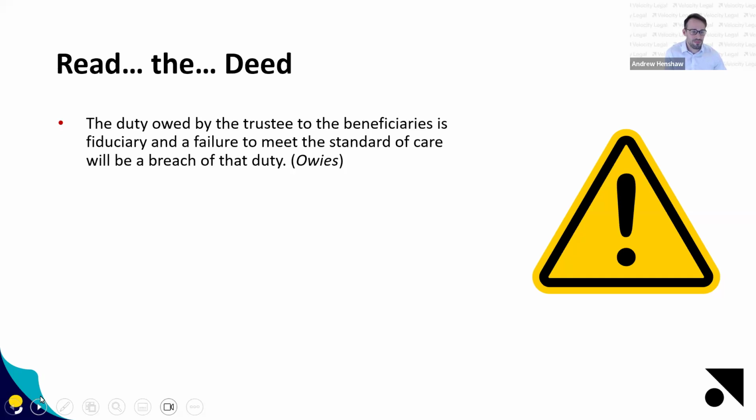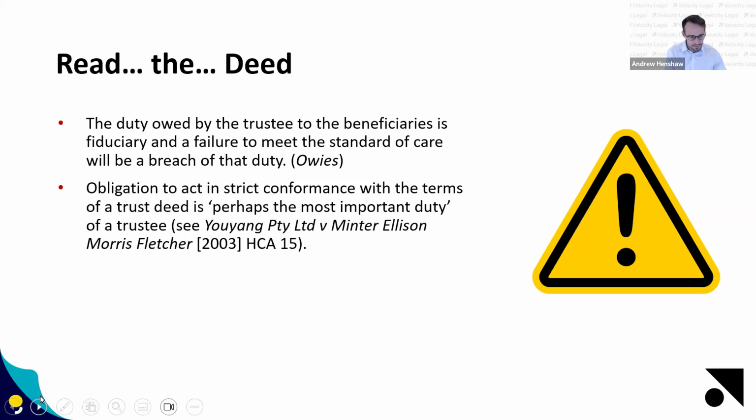And the reason that someone's got to read it is because the trustee has fiduciary duties. And if they fail to meet those duties, there'll be breaches of those duties. That could most commonly be an issue where you have a dispute in a family trust, between children, for example. And one of the obligations, perhaps described as the most important duty, is to act in strict conformance with the terms of the trust deed.